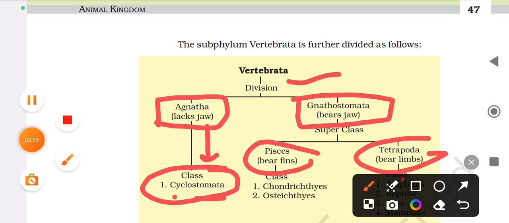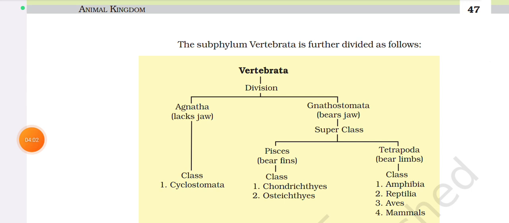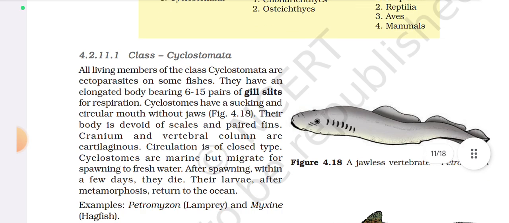Pisces have the two classes: Chondrichthyes, fishes which have cartilage, and Osteichthyes, bony fishes which have bone. And tetrapoda is divided into four classes: amphibia, reptilia, aves and mammals. I hope you understand.